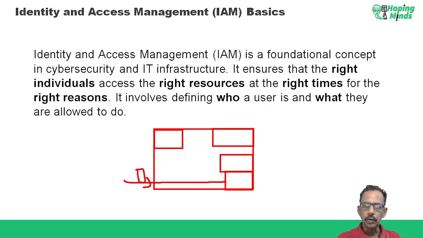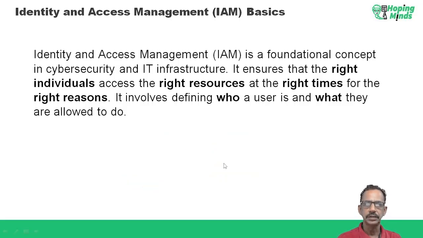Okay, you are allowed to go to the accountant. Now what can he do? With the accountant, he can deposit or withdraw money, but cannot check the bank ledger balance. You can check your own balance but cannot check the total bank balance. That is the policy that we have to implement with the help of identity and access management.